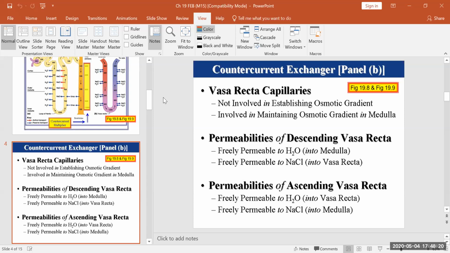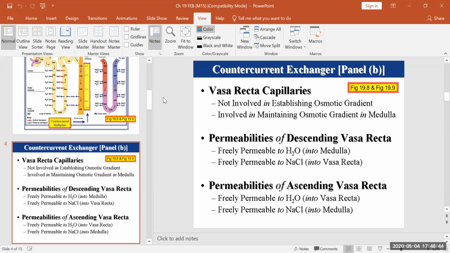So because of that, they cannot produce concentrated urine. They can only produce dilute urine. So the vasa recta, that's the countercurrent exchanger. The vasa recta maintains that osmotic gradient.